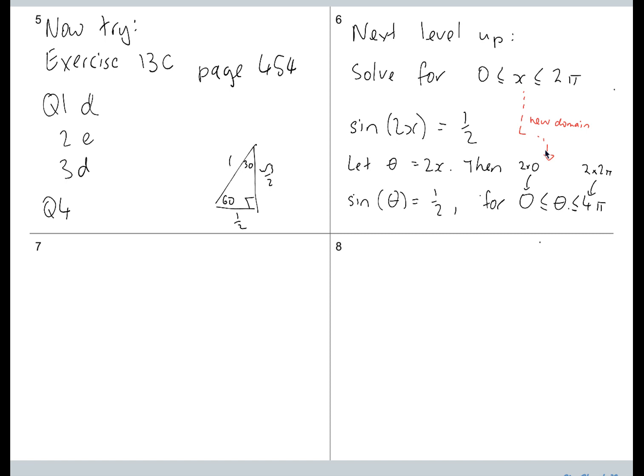So if it was sine 3x equals 1/2, I would say it's between 0 and 6 pi. I'd triple the endpoints. If it was between negative 2 pi and 2 pi, it would be between negative 4 pi and 4 pi. Okay, all I'm doing is multiplying out the endpoints. Does that make sense so far?